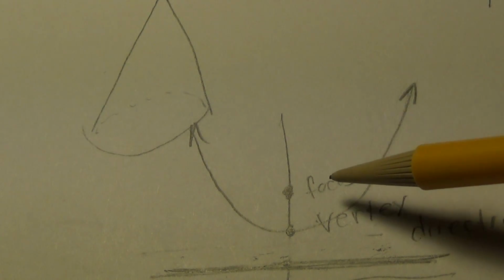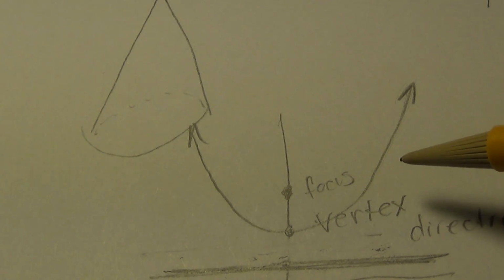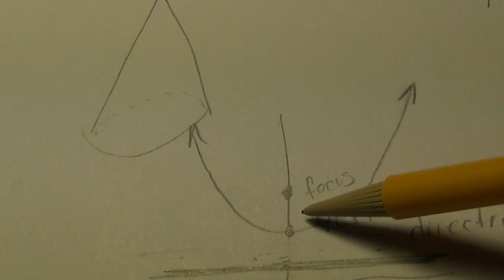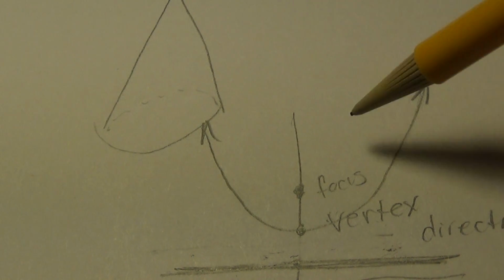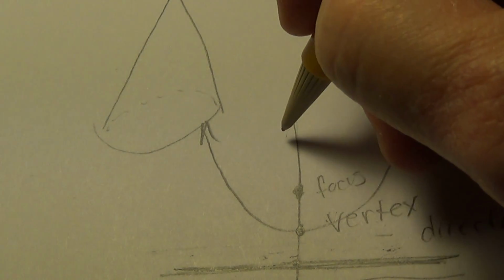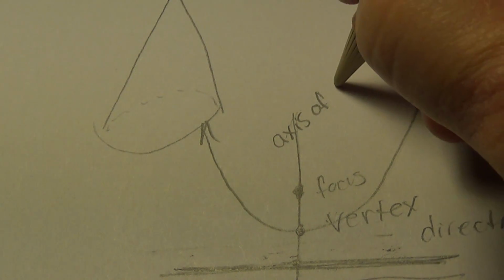So, the most extreme point in the parabola is called the vertex. There is a line that cuts the parabola exactly in half, and that would be called the axis of symmetry.